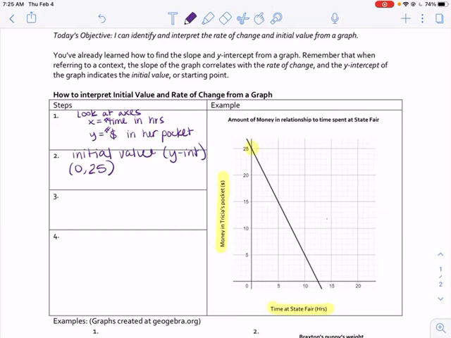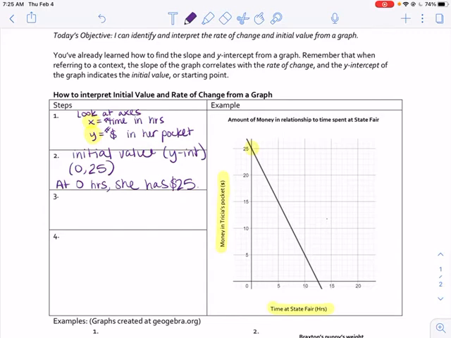To interpret this, we can just put the x and y values that we found up here into a sentence. So at 0, and that was hours, she has 25, and what was the y value? Dollars. So basically, when she arrives at the state fair, she has $25 in her pocket.